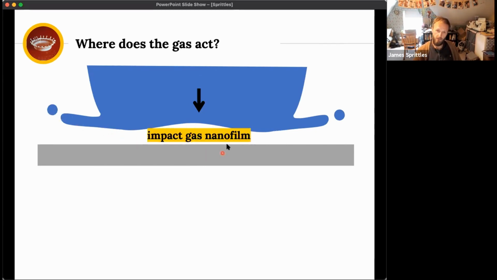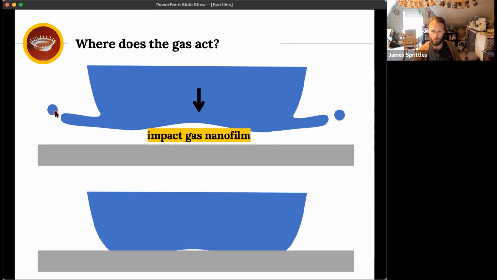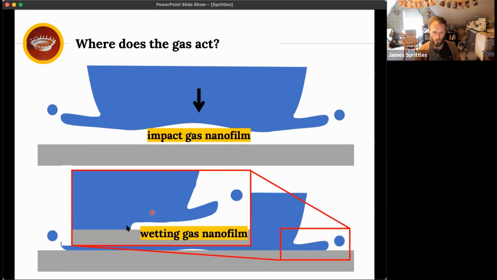So there are nanofilms before contact which affect the splash. The second possibility is that the drop touches down, there's a thin bubble caught here, but it's actually the spreading process that is important for splashing. So there are gas films in front of this moving contact line which dictate whether a splash occurs or not.